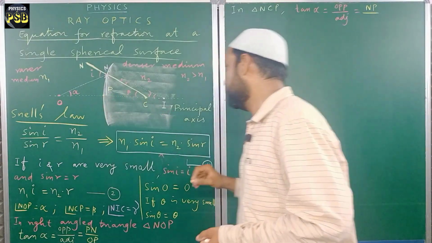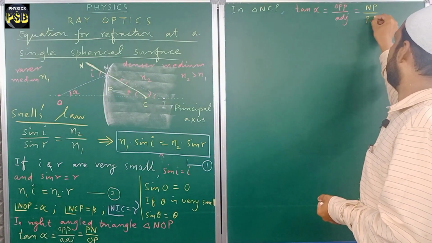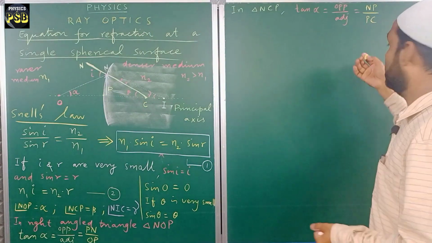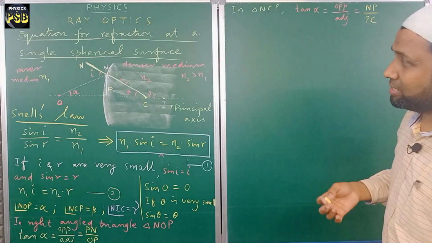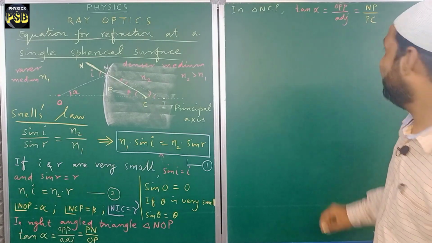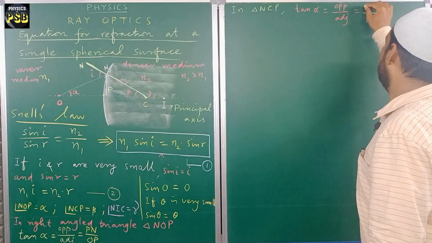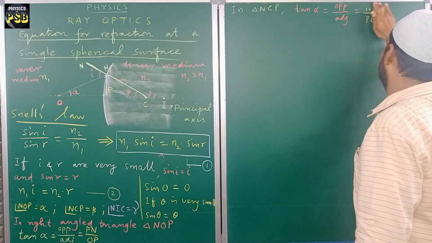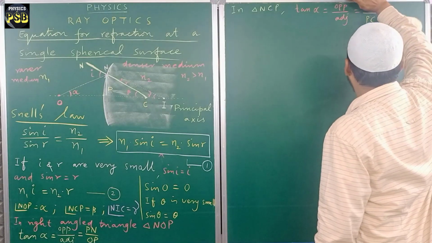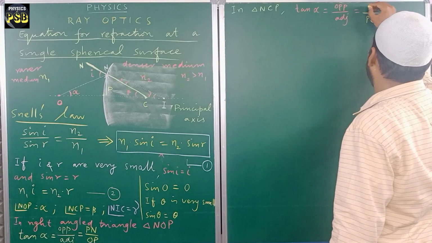This is the adjacent side, PC. Here in the first case it was taken as PN, in a similar way here also I will write it as PN. It will be the same.